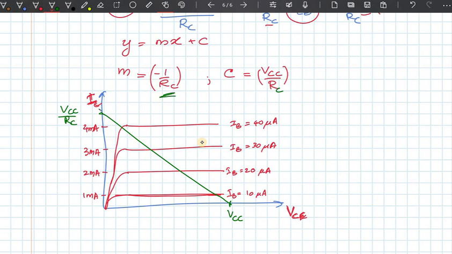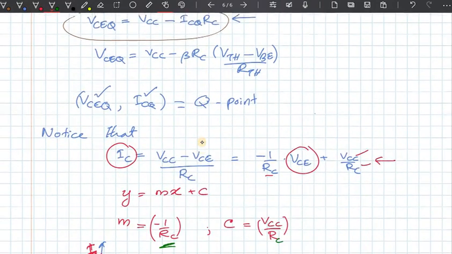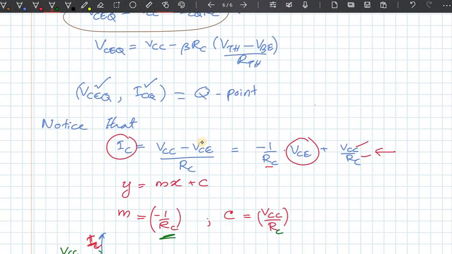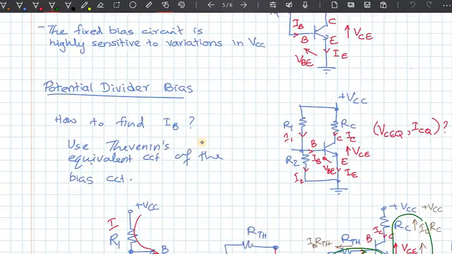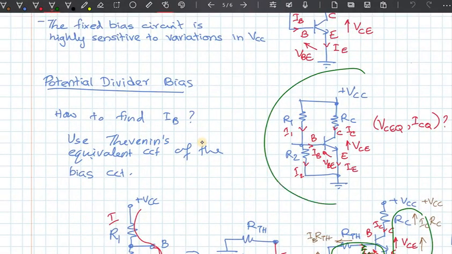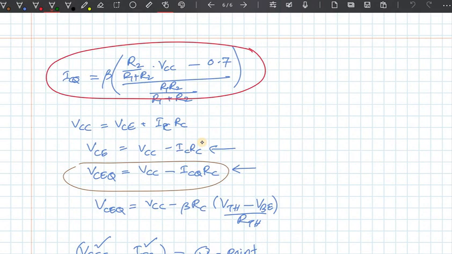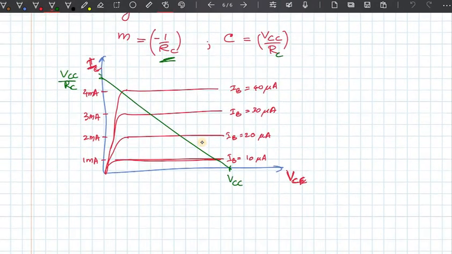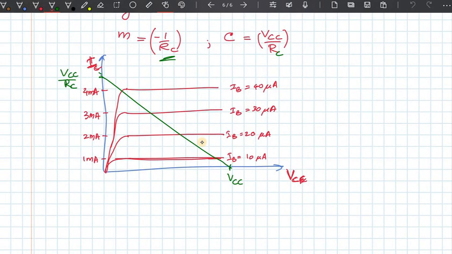You can verify that. So what that means is, because this transistor is in the external circuit that we have here, it has to obey Kirchhoff's voltage law. If Kirchhoff's voltage law is obeyed, then the operating point, the Q point, should be on this green line.